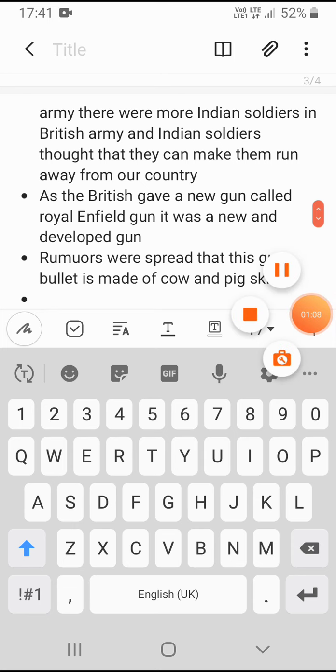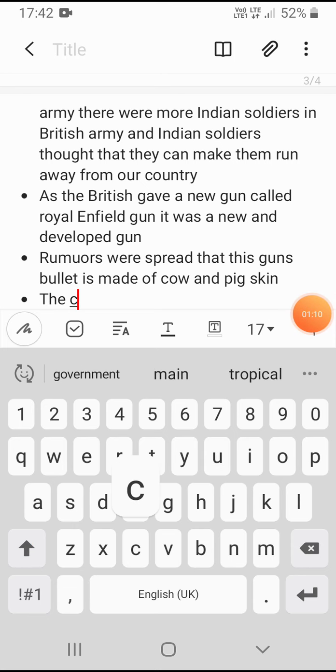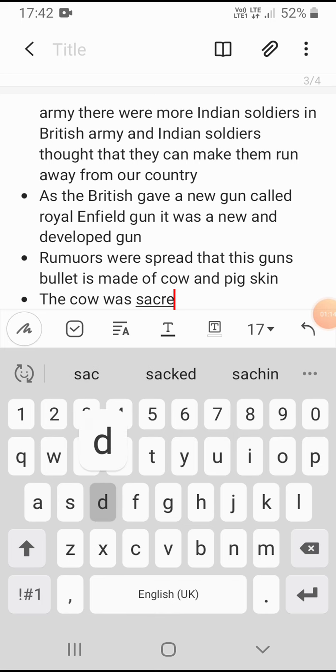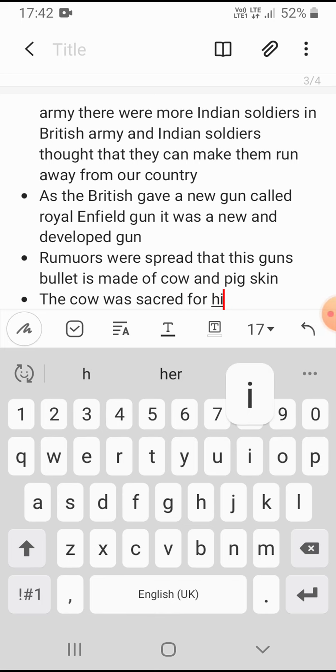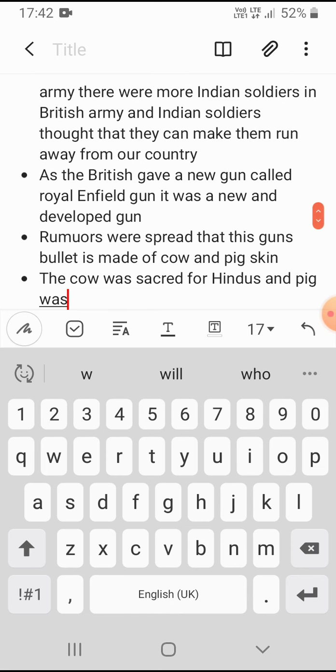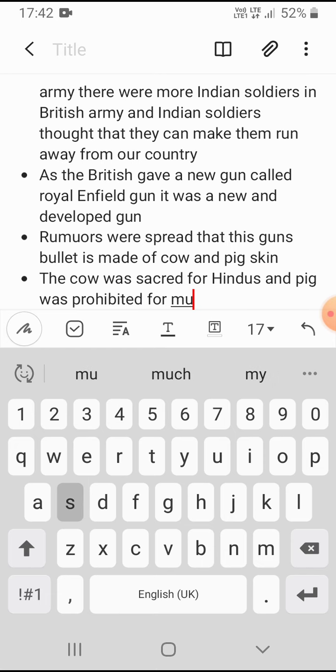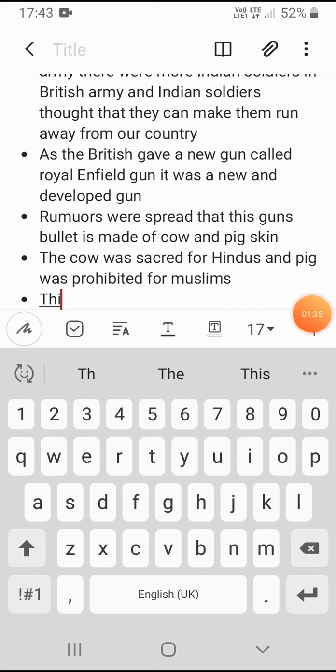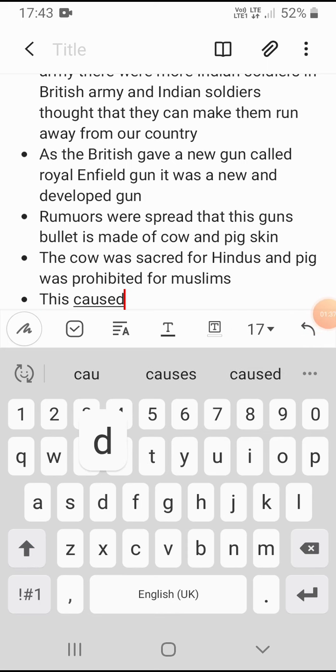The cow was sacred for Hindus, and the pig was prohibited for Muslims. This caused the mutiny.